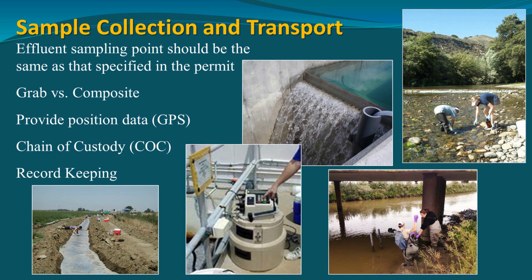So you're getting a little dip of that water every 30 or 60 minutes for 24 hours, usually in a refrigerated setting to keep the sample fresh. For the environmental samples, we're usually interested in knowing exactly where it came from, so we GPS the environmental samples. All the SWRCB database is full of GPS waypoints for exactly where the samples came from.